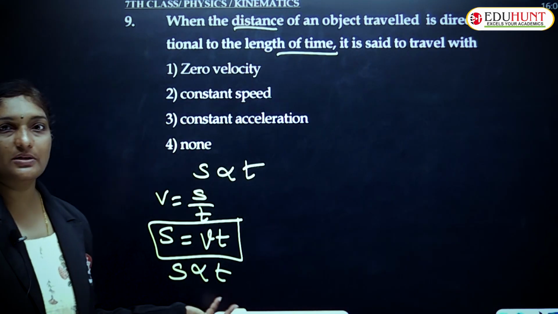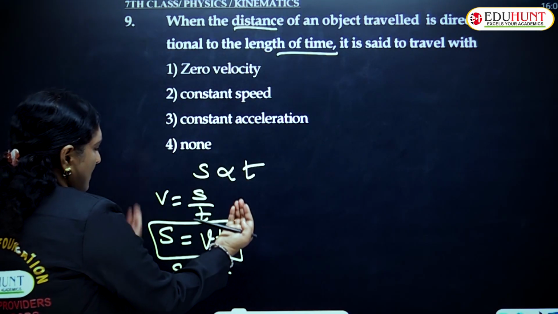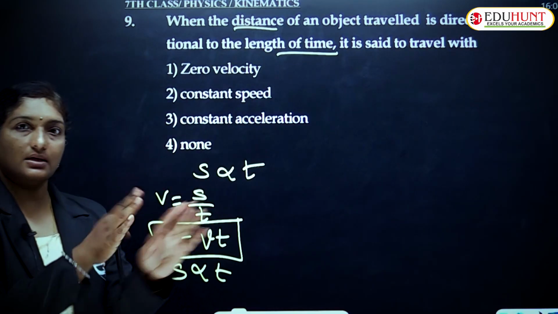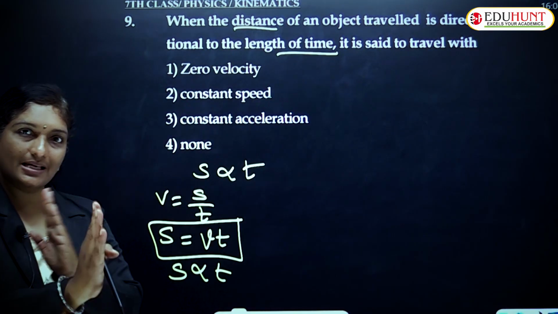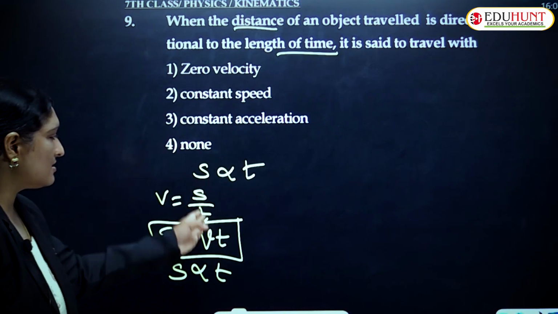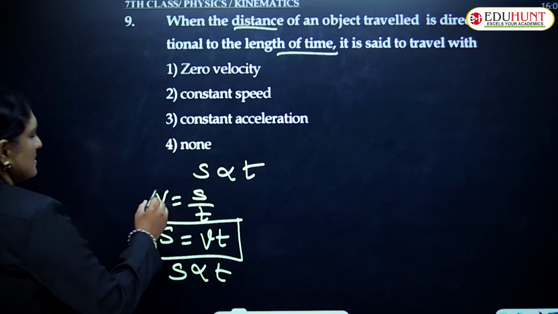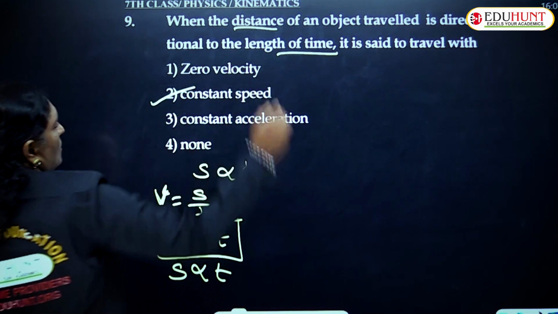So what happens to velocity? It is constant. As the time increases, distance also increases, so there is no change in speed. Speed equals distance by time, so speed is constant.